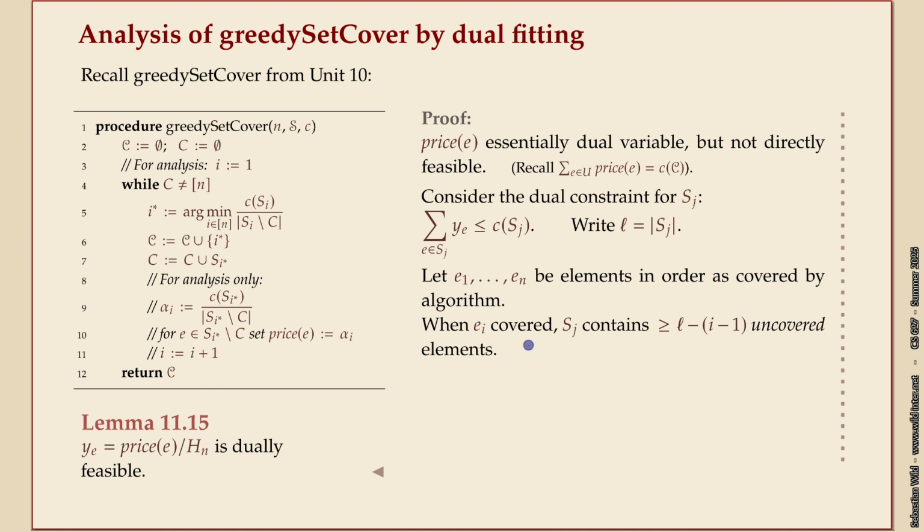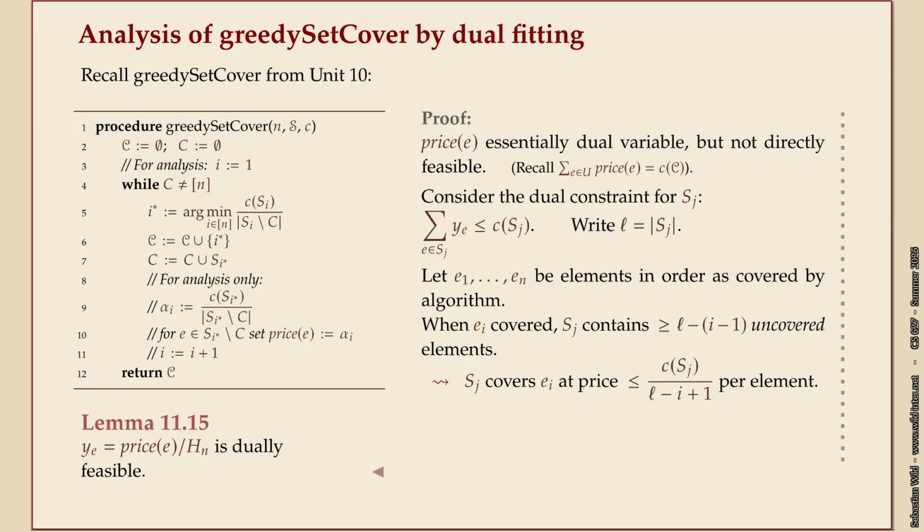And at the time when we cover the element EI, that's the ith element in total, we don't know how many elements from the set Sj we've already covered, but certainly at most i minus 1, because we've covered i minus 1 in total. So there must be L minus (i minus 1) uncovered elements left. If you go back in memory to last week, this is very analogous to what we did back then, but we applied it to the entire set of elements, not restricted to one set.